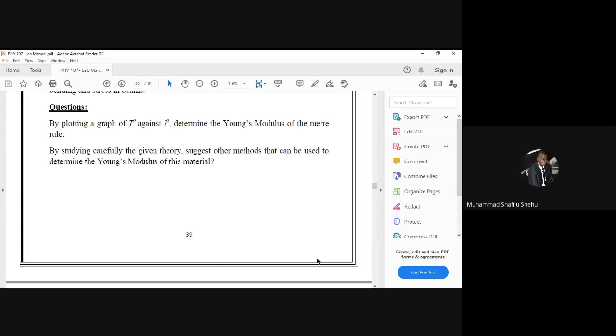For T squared, T stands for period on our table. If you can remember, how do we get period? We'll go back to the table and somebody is going to explain that. So T is our period and L is our length. Do you understand?